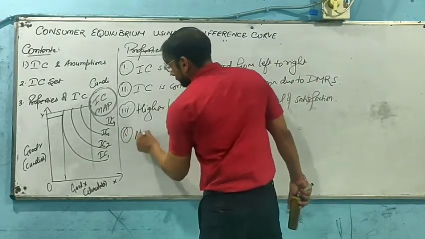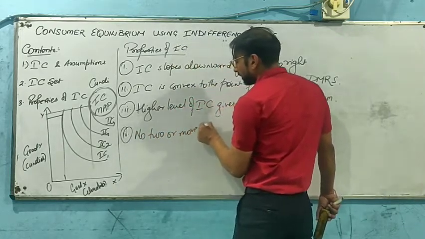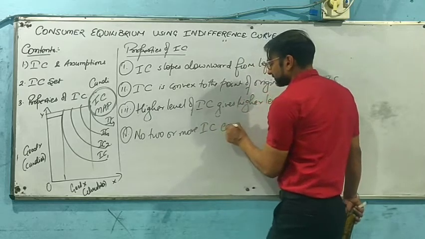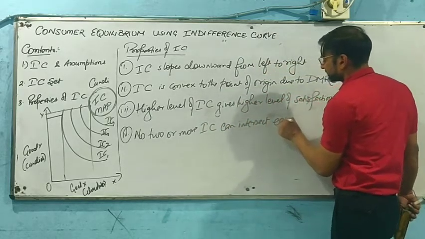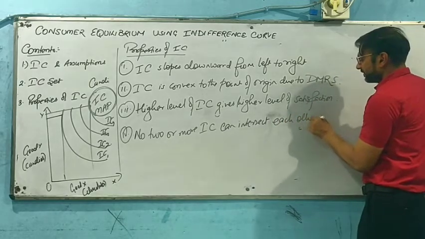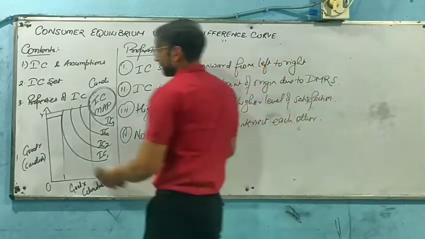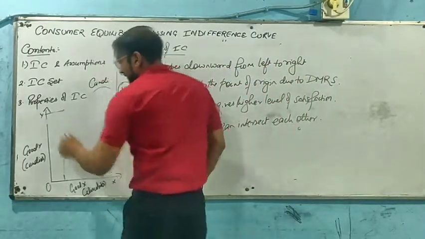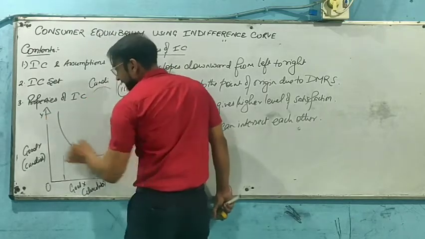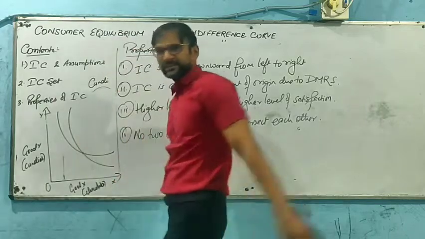Now, no two or more IC can intersect each other. It means we can say no two IC can intersect each other. For example, if this is an IC and this is also an IC, let us assume they intersect.